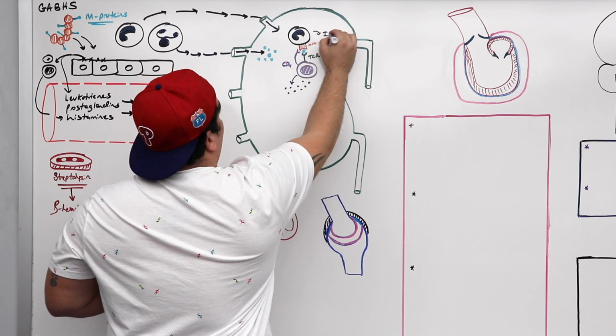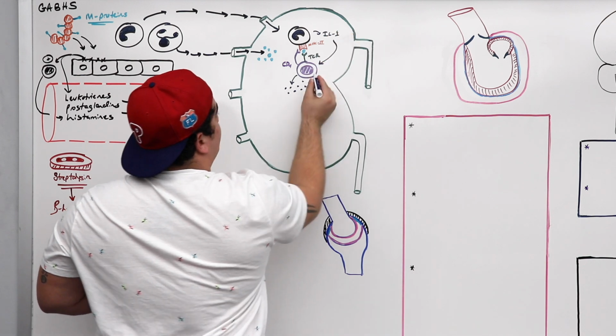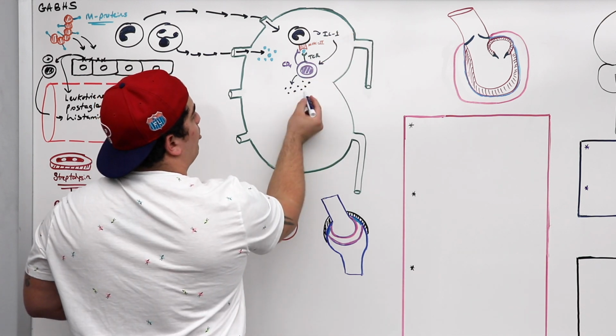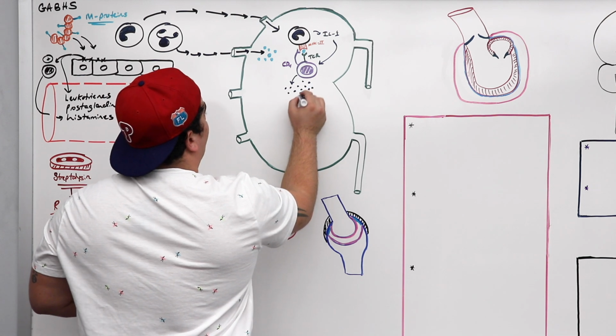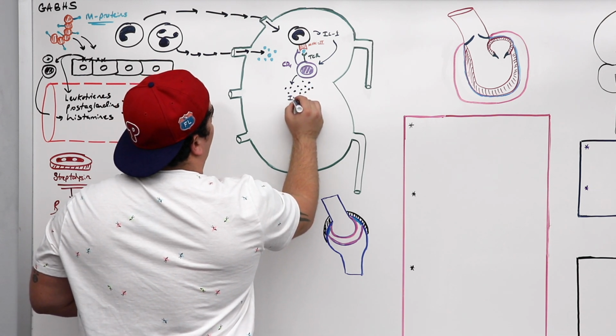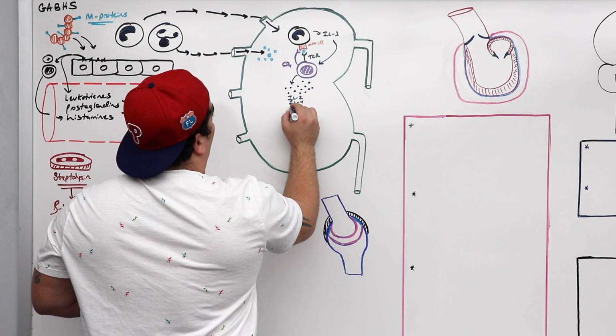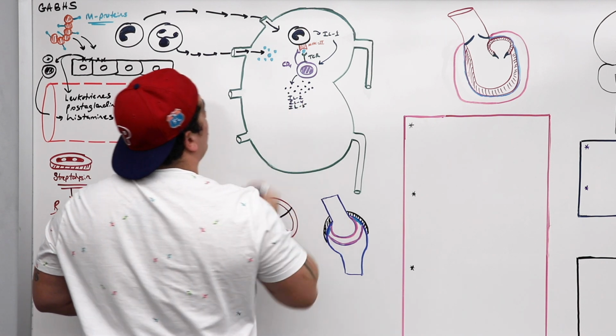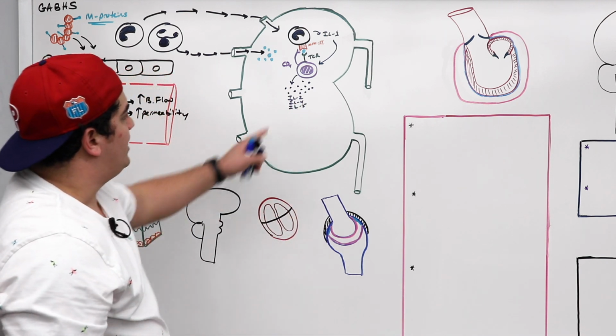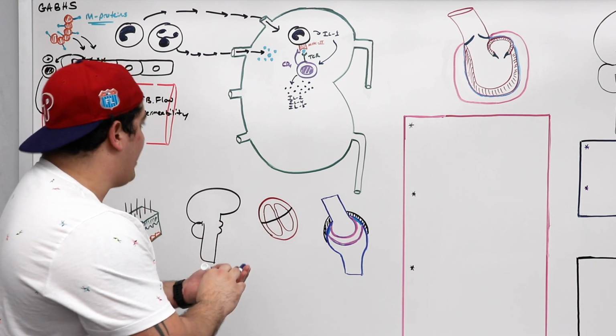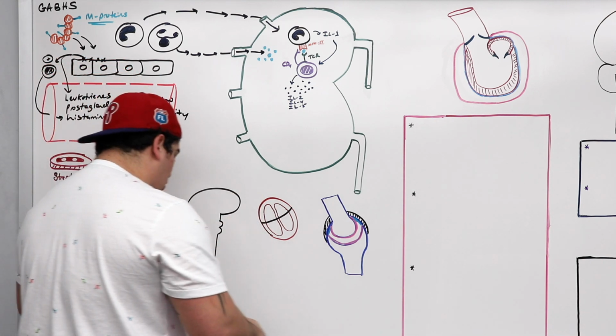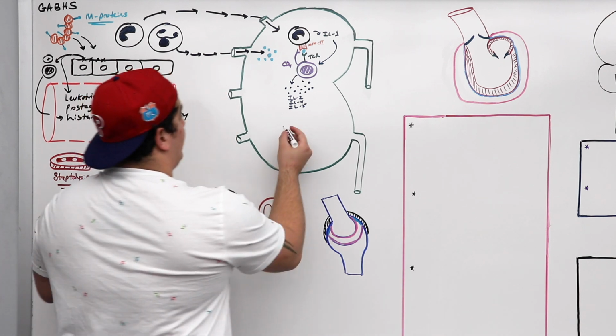If you really want to know, interleukin-1 is what stimulates this actual T cell, and the T cell will produce many different cytokines. Interleukin-2, interleukin-4, interleukin-5. The whole purpose of this is that these cytokines are then going to go and activate specific cells located in this actual lymph node.